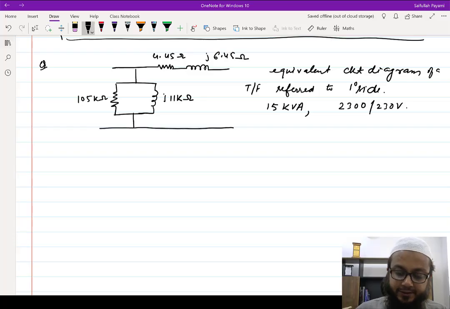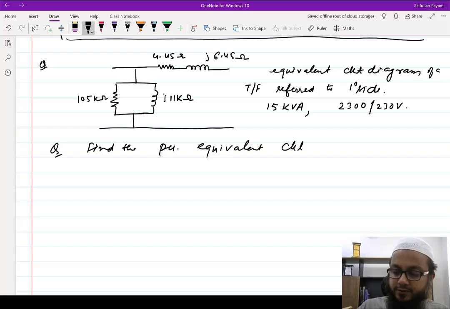This is the rating of the transformer, and this equivalent circuit diagram is when it has been referred towards the primary side. So the question is, find the per unit equivalent circuit diagram of the given transformer.